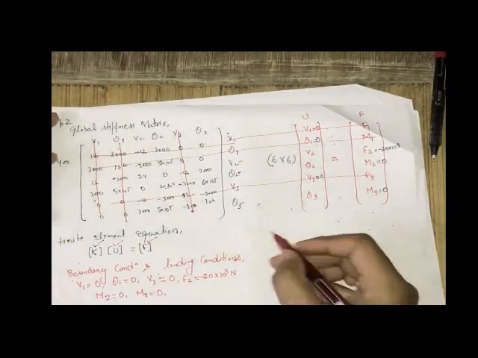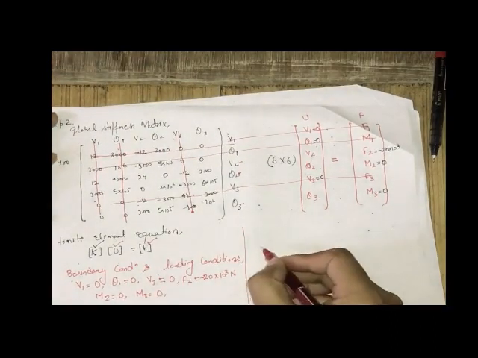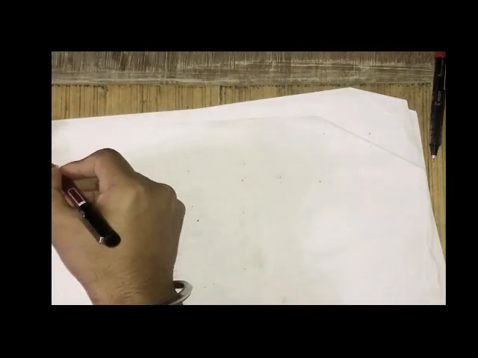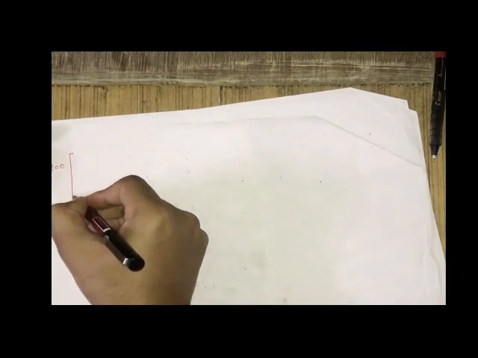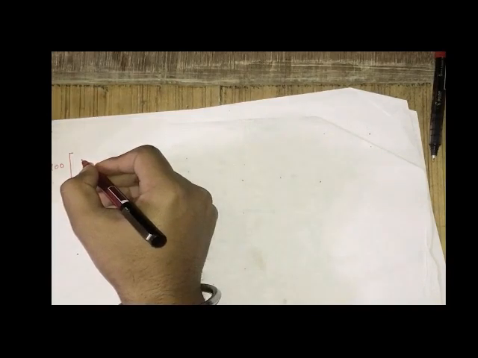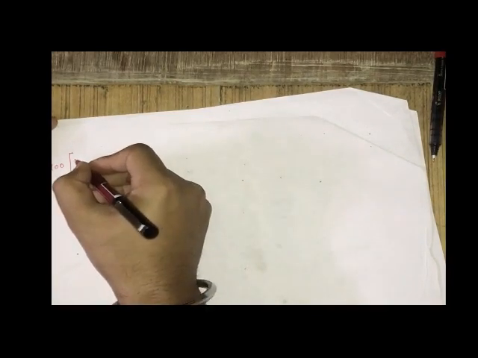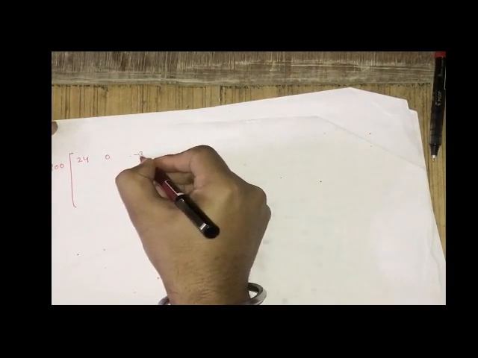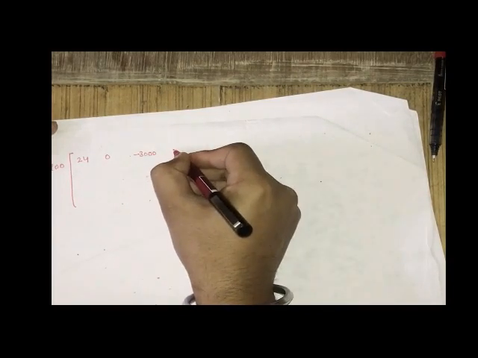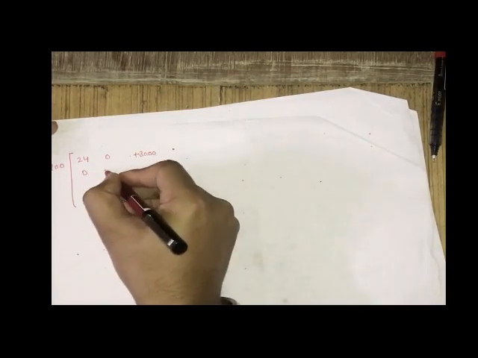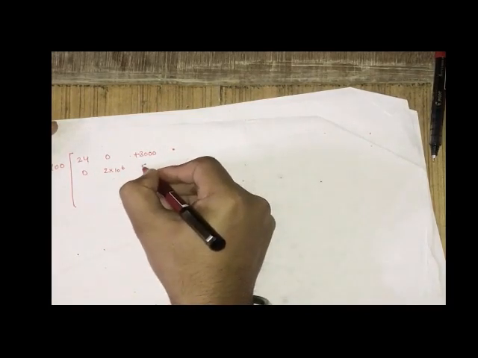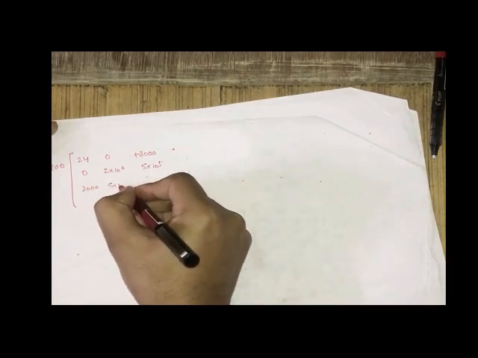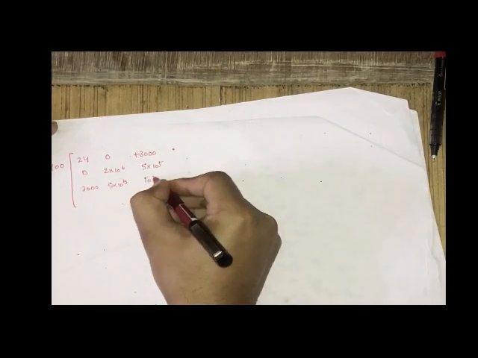So take these as the remaining values. After elimination we have 424, 3,000, 3,000, 2 into 10 raised to power 6, 5 into 10 raised to power 5, 3,000, 5 into 10 power 5, and 10 power 6.